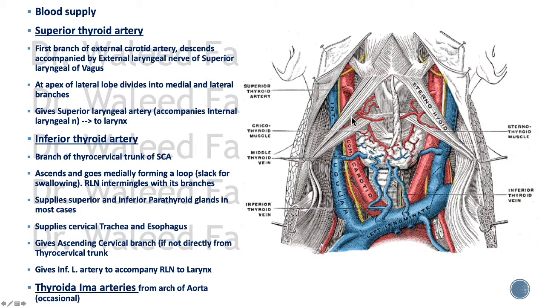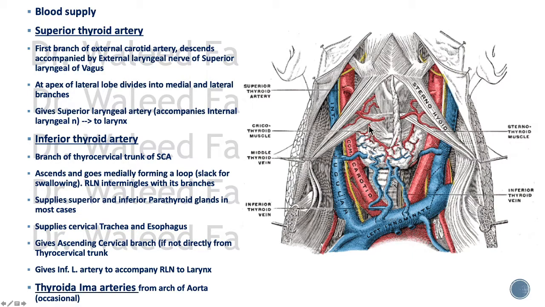The superior thyroid is closely related to the external laryngeal branch of the superior laryngeal of the vagus. Actually, it descends with the superior thyroid and leaves it just when the superior thyroid enters the gland. So in thyroidectomies, in any ectomy, when you remove an organ, you must devascularize the organ.